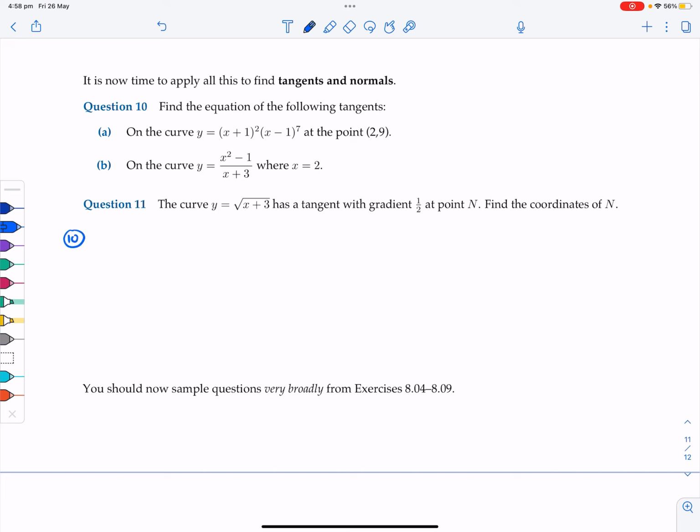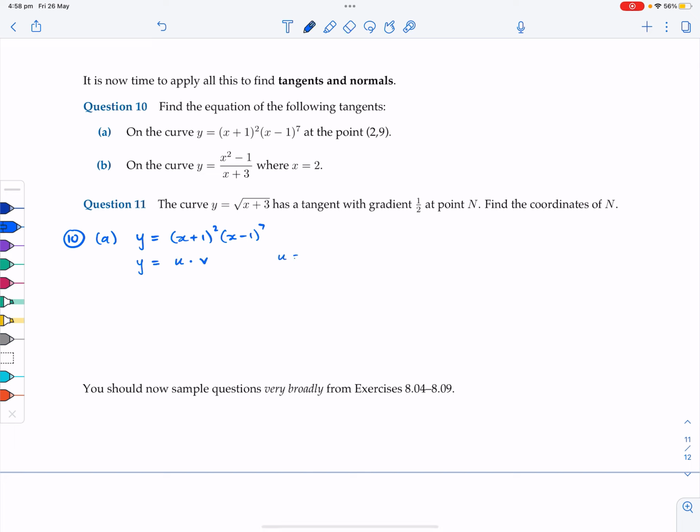the equation of the following tangents. So we've got y equals (x plus 1) squared times (x minus 1) to the 7, at the point 2 comma 9. I'll just differentiate first. First of all, I'll write y equals u times v.